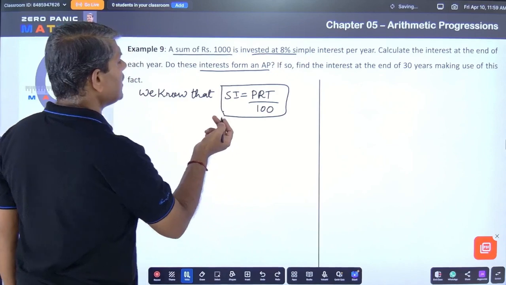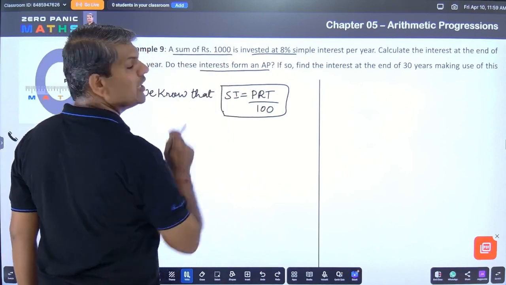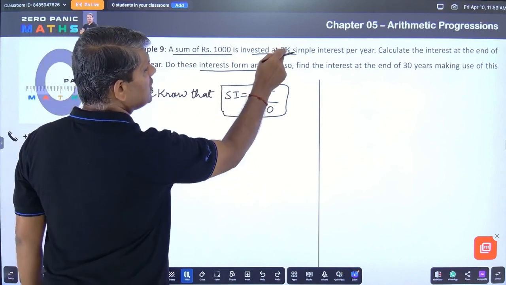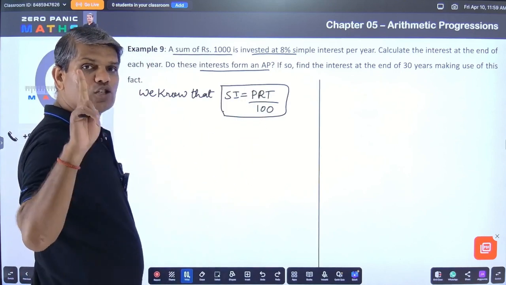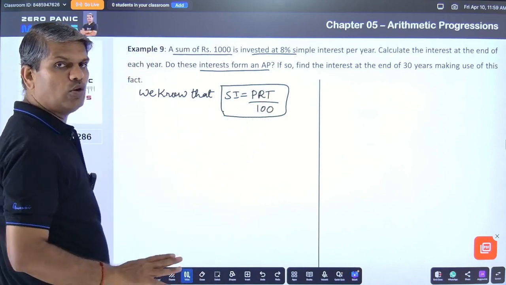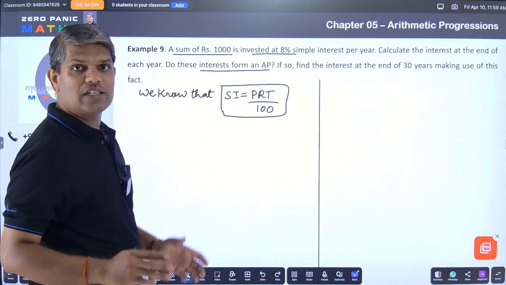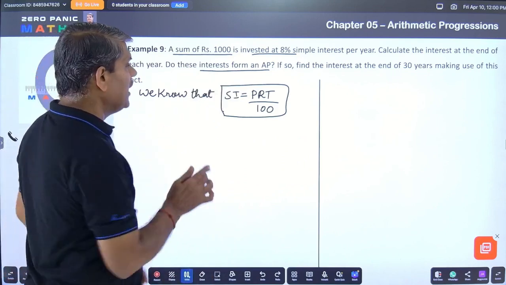Now let us substitute the value of principal amount, which is 1,000 rupees, rate of interest, which is 8, and time, 1 for first year, 2 for second year, and 3 for third year. Let us find out those three values and write them in a series and see whether it forms an AP or not.